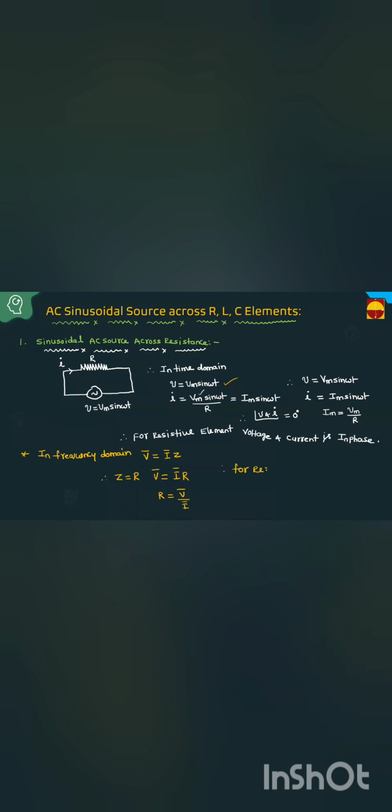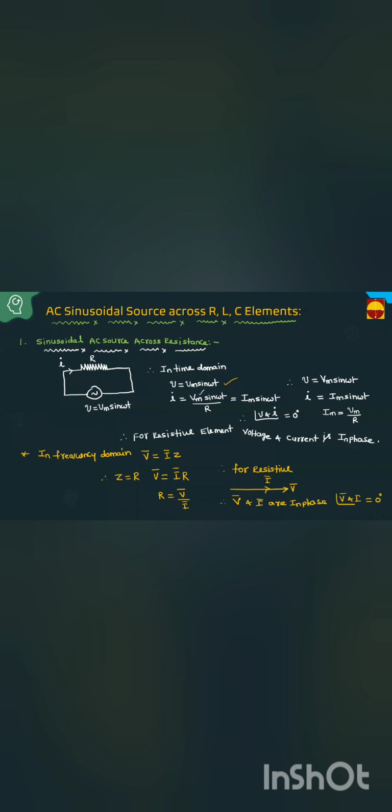Therefore, for a resistive element, the voltage and current are in phase. If V and I are in phase, then what is the angle between voltage and current? 0 degrees.